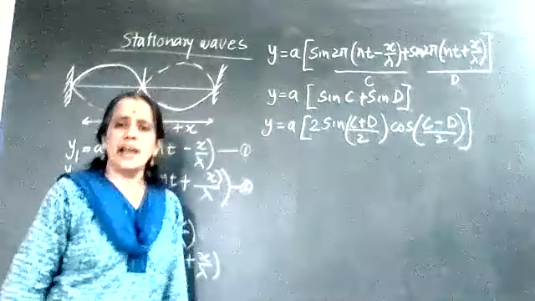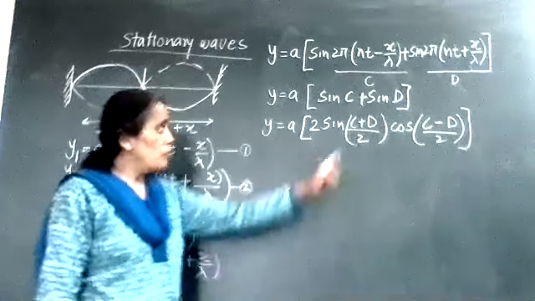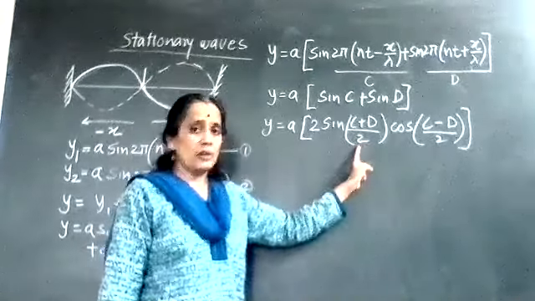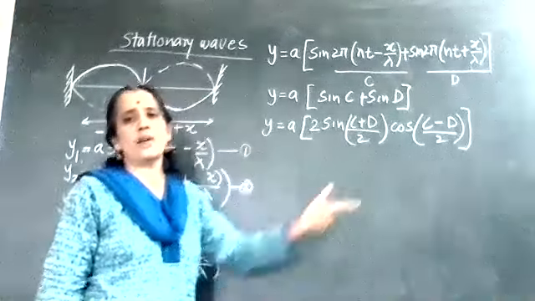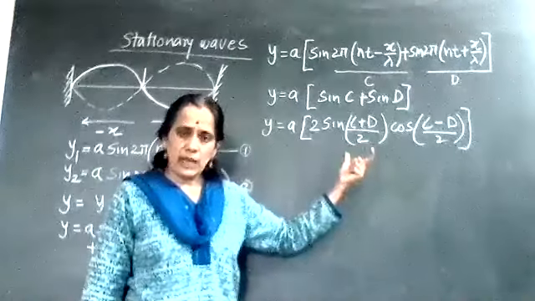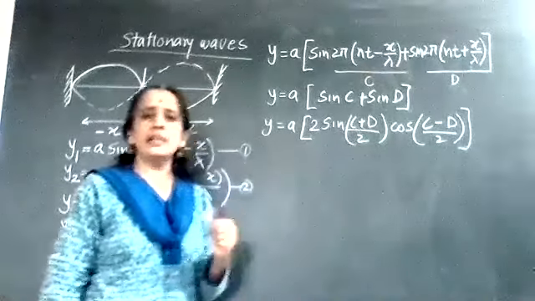This is your trigonometric identity. And now you are using that trigonometric identity here. Because already we know what is the value of c and what is the value of d, I can substitute and solve that equation.